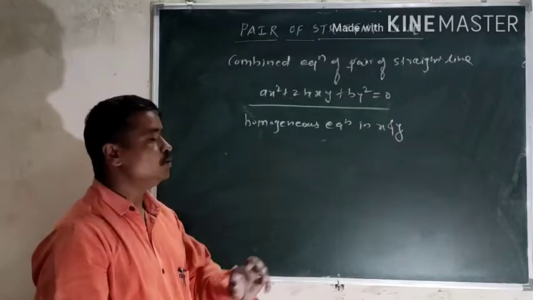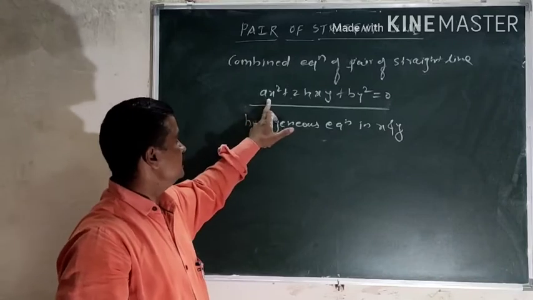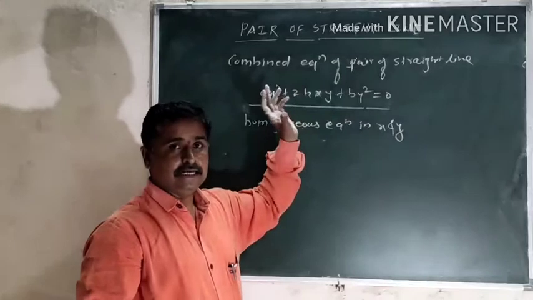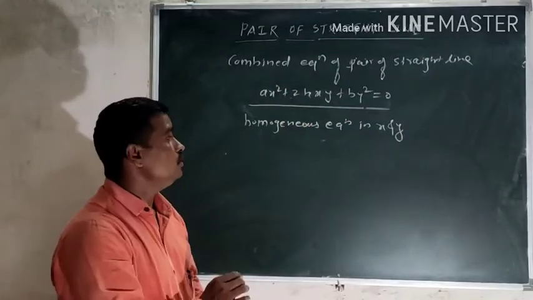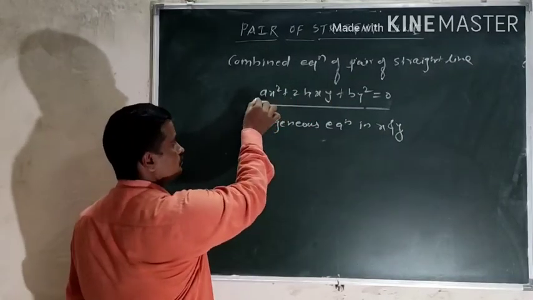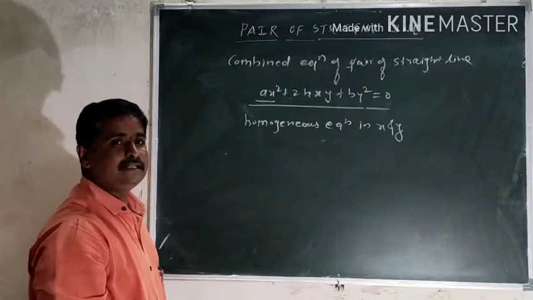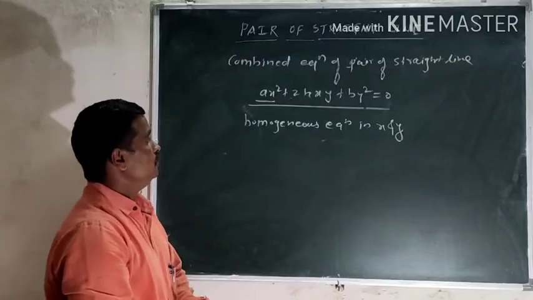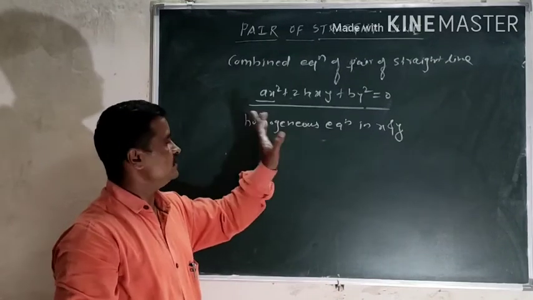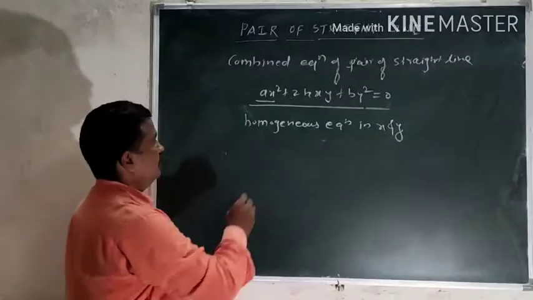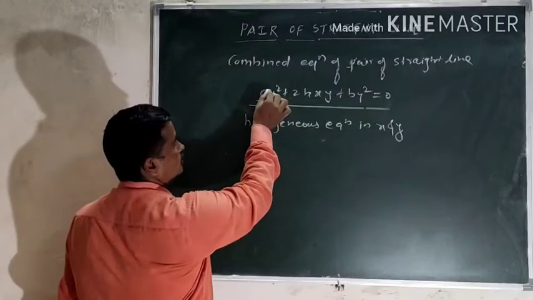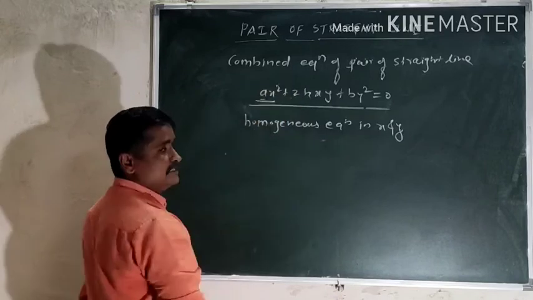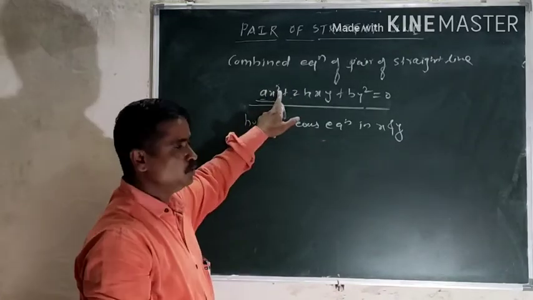So what do we mean by a homogeneous equation? Here we have x, xy and y as variables. Count the indices of each term, and if the sum of the indices in each term is equal, then we say it is a homogeneous equation in x and y. First, a is a constant and x has index 2.